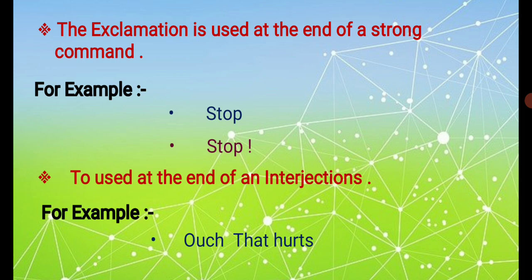So at that time, ouch is an interjection, and after ouch we will put an exclamation mark, and then the first letter after it will be capital, and after the sentence we will put a full stop, or we can also put an exclamation mark.